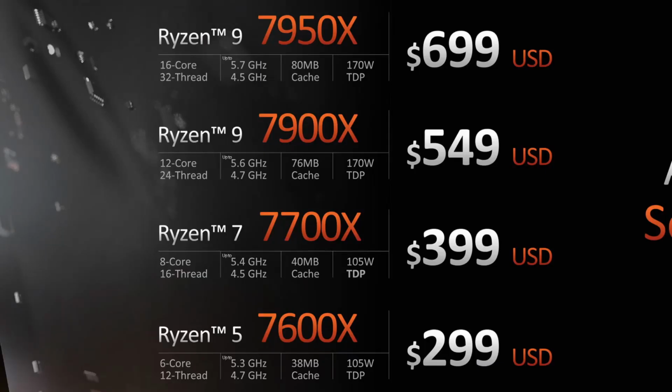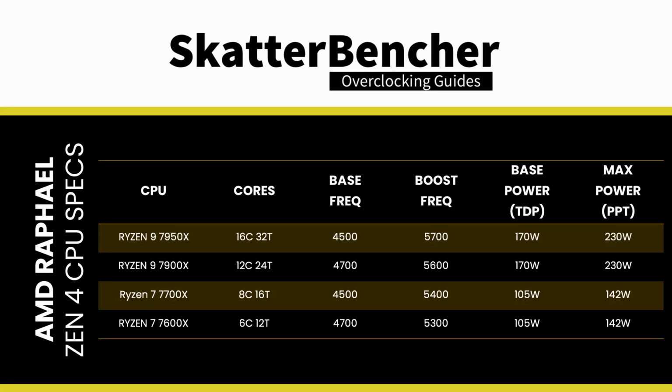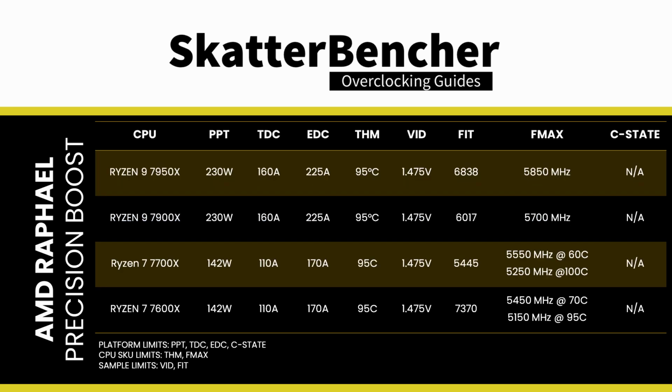The SKUs available at launch are the 16-core Ryzen 9 7950X, 12-core Ryzen 9 7900X, 8-core Ryzen 7 7700X, and 6-core Ryzen 5 7600X. I won't read through the specification of all the SKUs, but you can see the information on screen right now. The default Precision Boost 2 algorithm parameter limits can be found in this table.